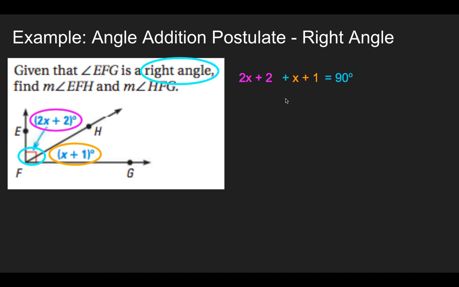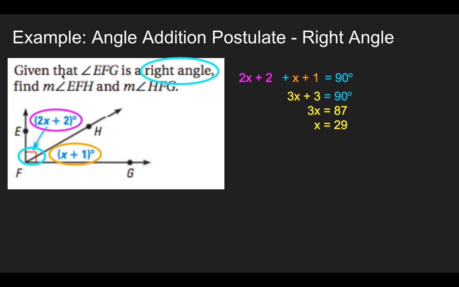Combining like terms, I get 2x plus x is 3x. 2 plus 1 is 3. And that's going to be equal to 90. And then quickly solving, subtracting 3 from each side to get 87, dividing by 3 to get x is 29. Remember, x can be positive or negative because it is simply a variable in this problem, not an actual angle measure. It's not here, but it could be.